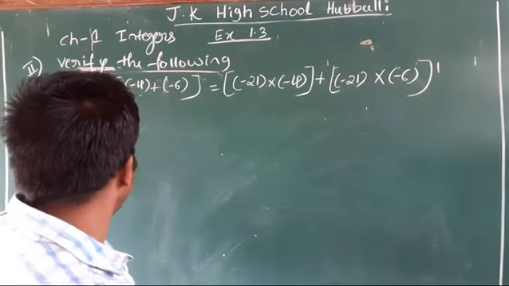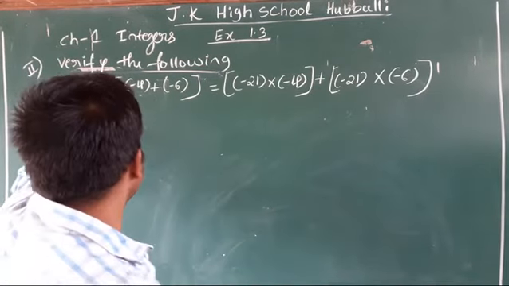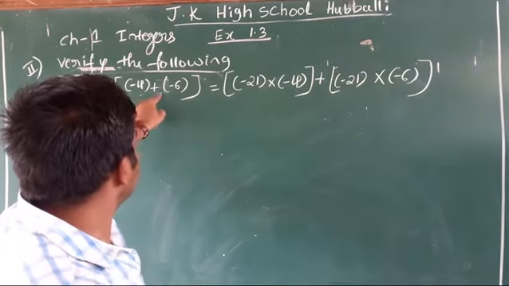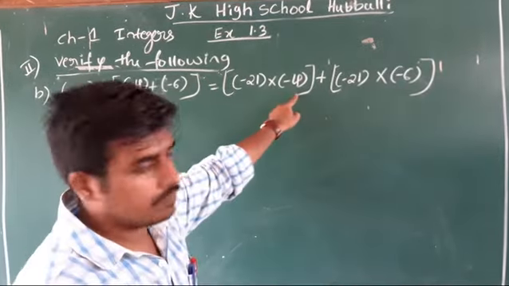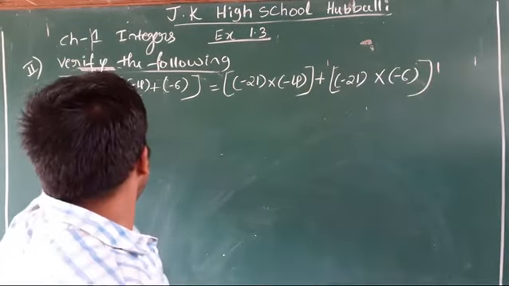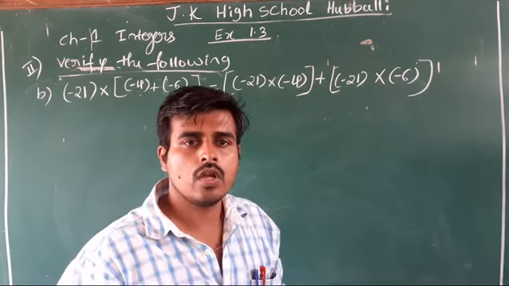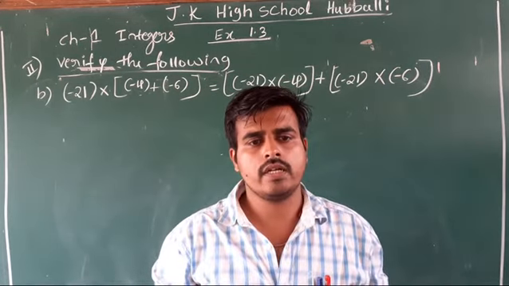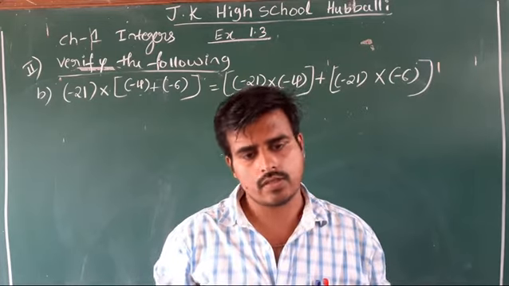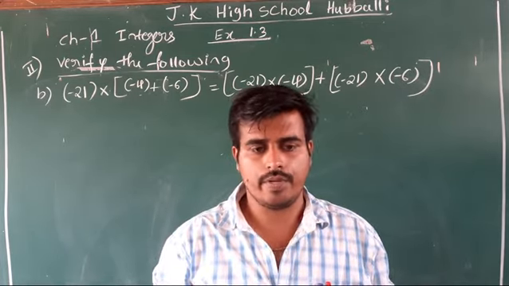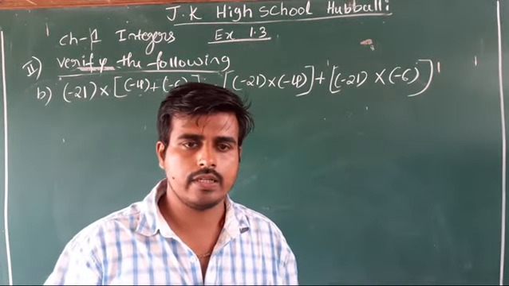But we observe once again that the distributive property of multiplication over addition is used: A into B plus C is equal to A into B plus A into C. The distributive property of multiplication over addition for integers is always true, but still we need to verify it. Therefore, first we solve LHS separately and RHS separately, then we compare them.